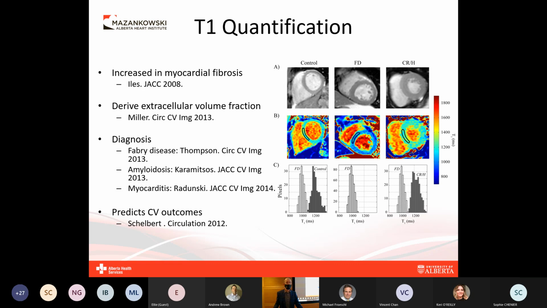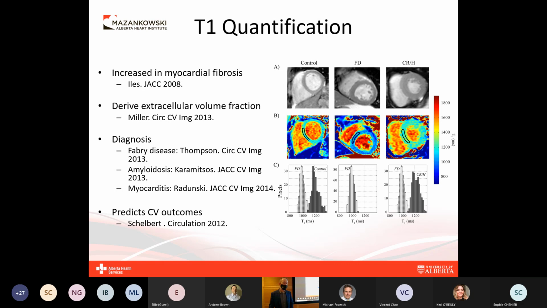T1 mapping has also been used to derive extracellular volume fraction, as well as diagnose infiltrative heart disease. This is an example of a study we've done in Fabry disease. You can see on the left of this figure, we have healthy control patients, which had normal T1 values, which were higher than we saw in Fabry disease.